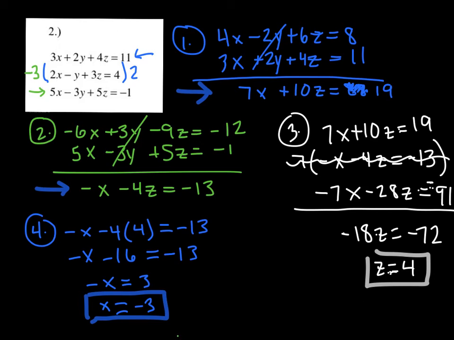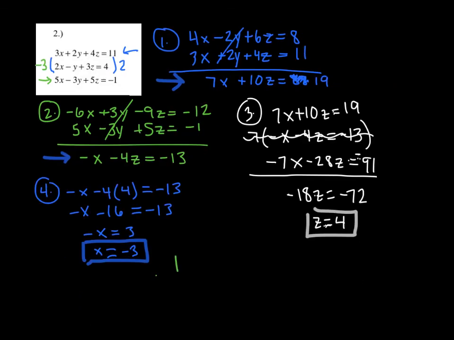So let me rearrange and get some more space here, and then that last step will be to just choose one of the original equations to plug x and z into to solve for y. So, number 5. So let's just plug it into that bottom one. So 5 times x, which is -3, minus 3 times y, which we're solving for, plus 5 times z, which is 4, equals -1.